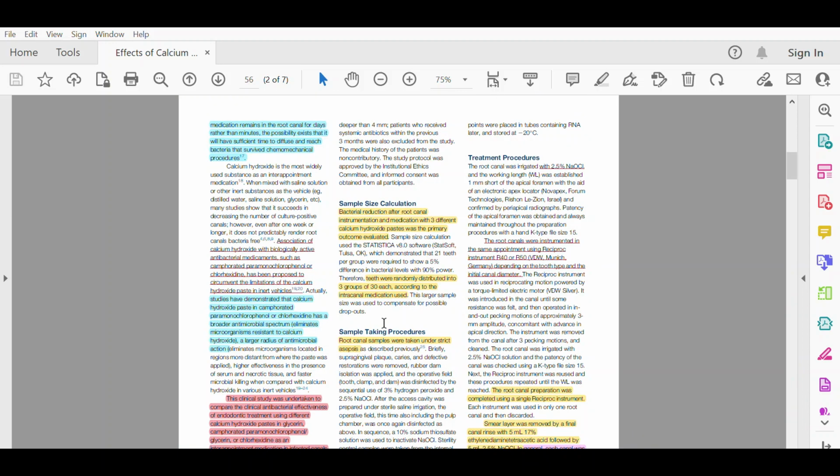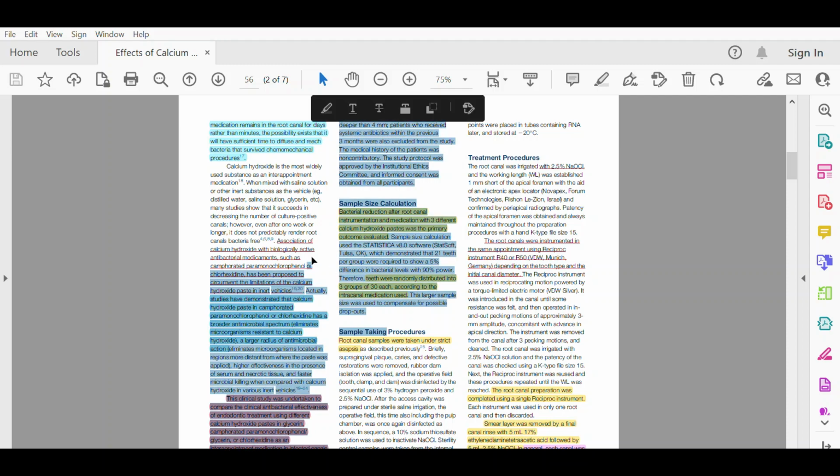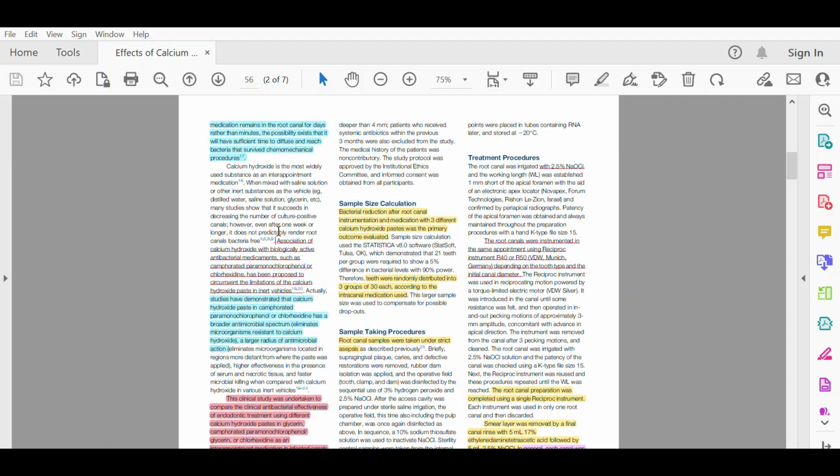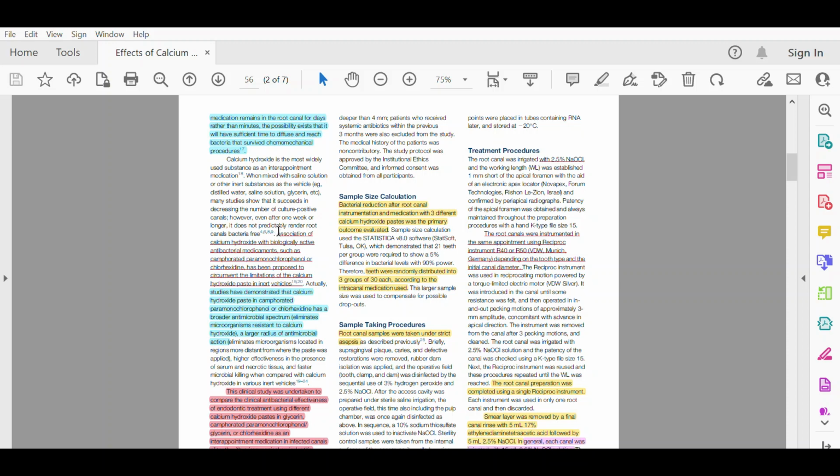Intra-appointment intracanal medications remain in the root canal for days rather than minutes, so the possibility exists that they will have sufficient time to diffuse and reach the bacteria that survived the chemomechanical procedure.